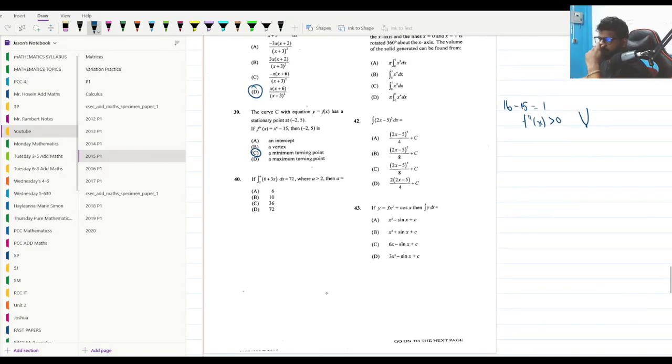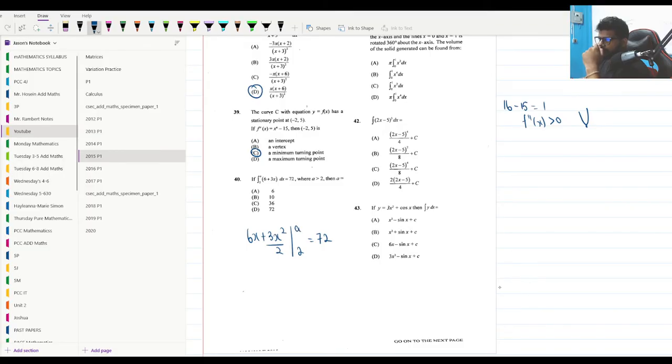Number 40, where a is greater than 2, then a is... I think the easiest thing to do here is to just integrate and solve. I get 6x plus 3x squared over 2 evaluated between a and 2 is equal to 72.